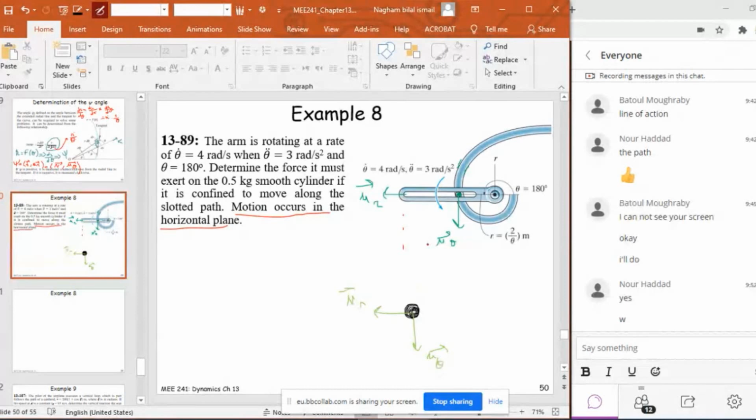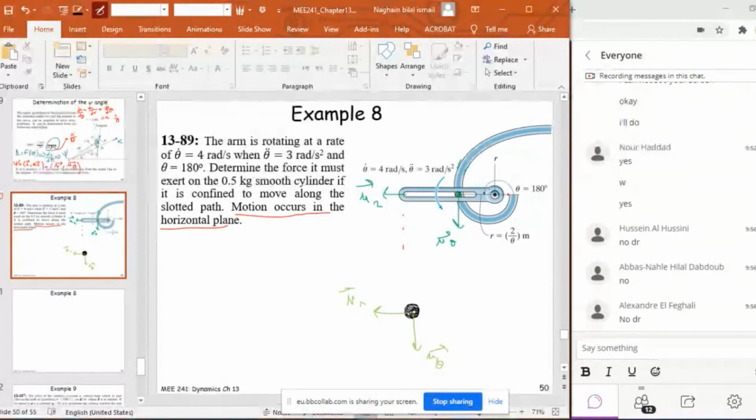Who can tell me the direction of the force exerted by the arm on the cylinder, at this theta, at this moment? At this position where theta is equal to 180, the force exerted by this arm on this cylinder should be in the same direction as U theta.